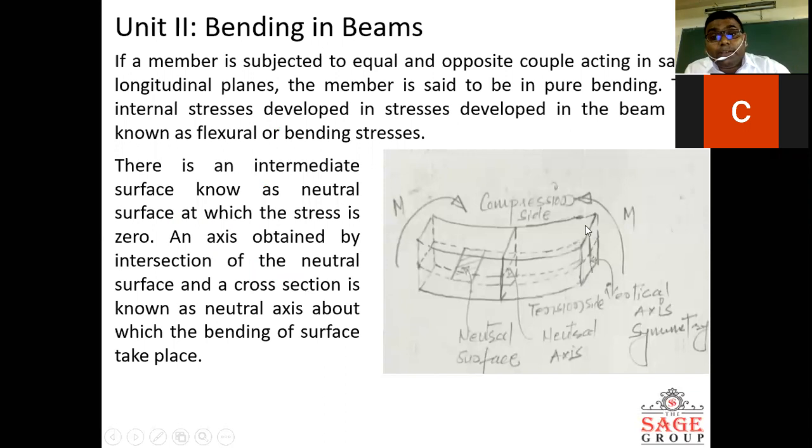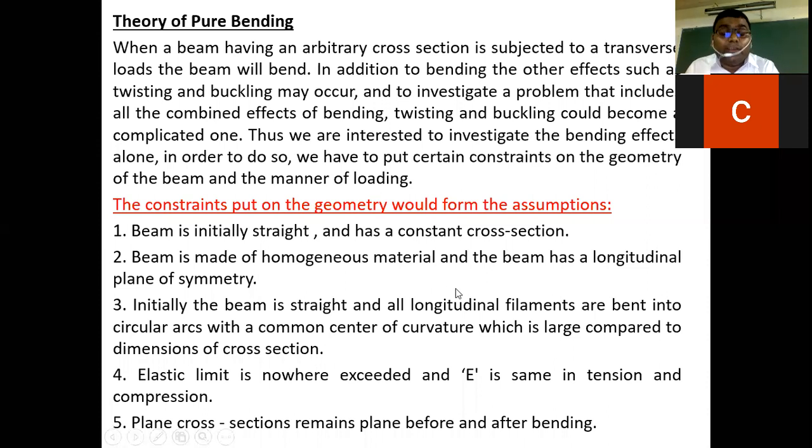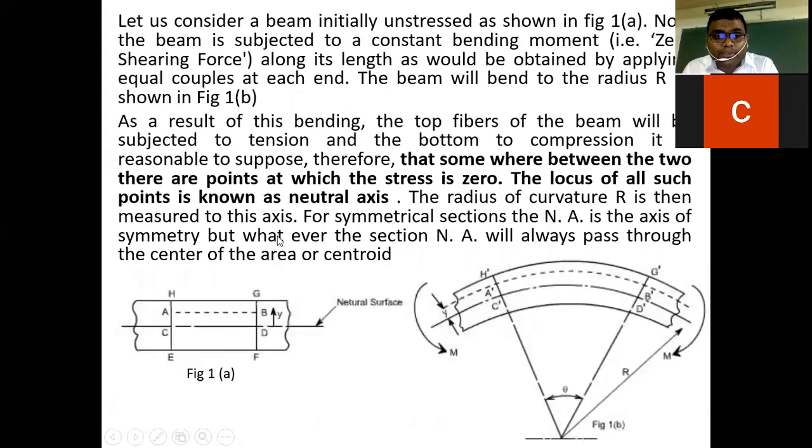It must remain the same before and after the bending. These are the assumptions. So please remember all the assumptions. It will help in the examination also. It comes sometimes.